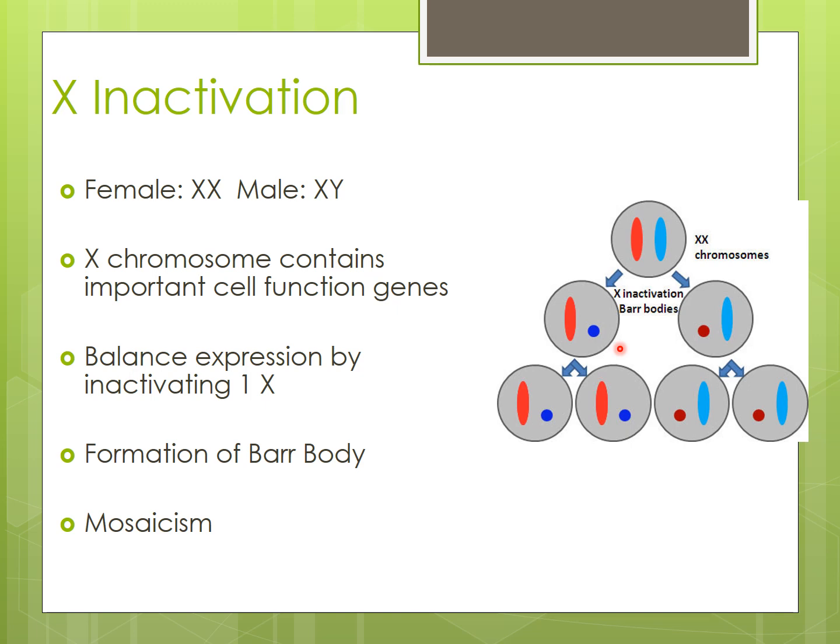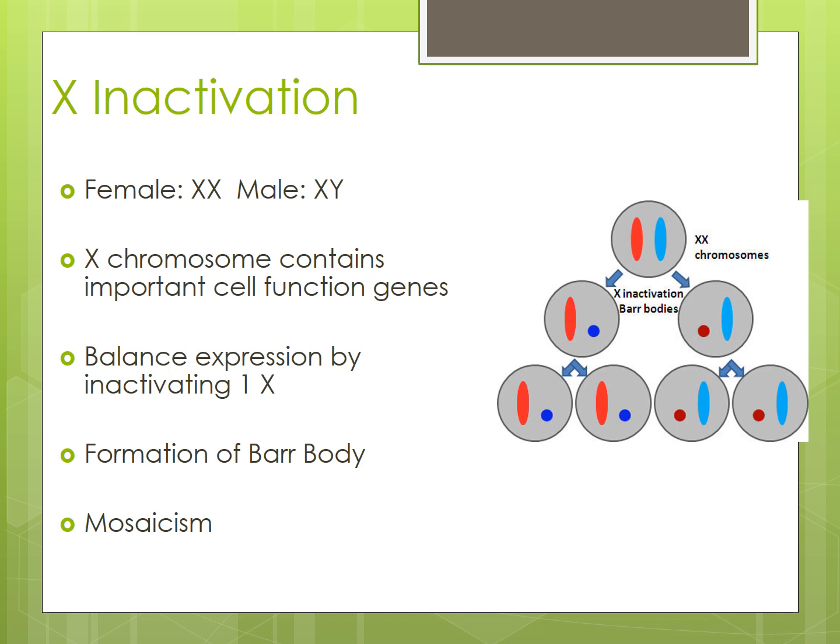What is interesting is that this concept of mosaicism, in that which chromosome is being inactivated, can vary by cell. Mosaicism would be like a mosaic, where you have different pieces being fit together to build a larger picture.